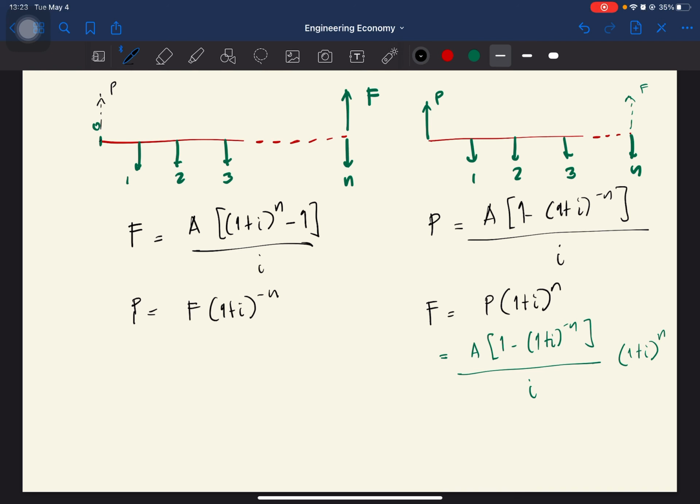Because you move it backward. So P equals A times 1 plus I raised to n minus 1 over I, then times 1 plus I raised to negative n. Okay? Then that should be good.